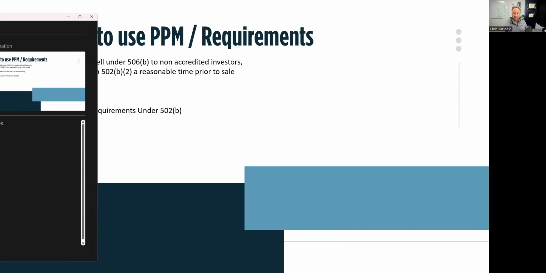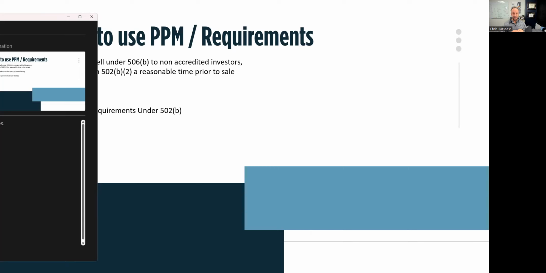Now, when do you use a PPM and what are the requirements? A private placement memorandum under Rule 502 of Regulation D talks about the requirements. If you look at the technical requirements, 506(b), which is used pretty commonly by people raising capital privately, allows you to sell to accredited and non-accredited investors.